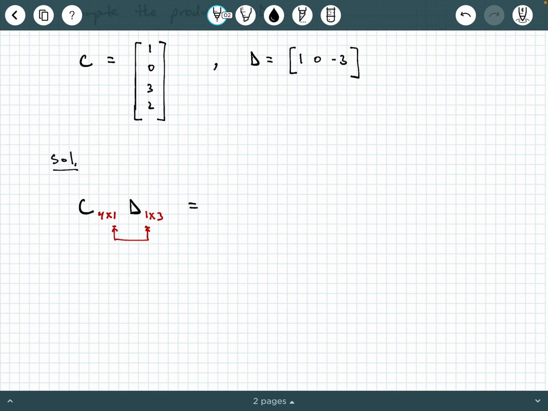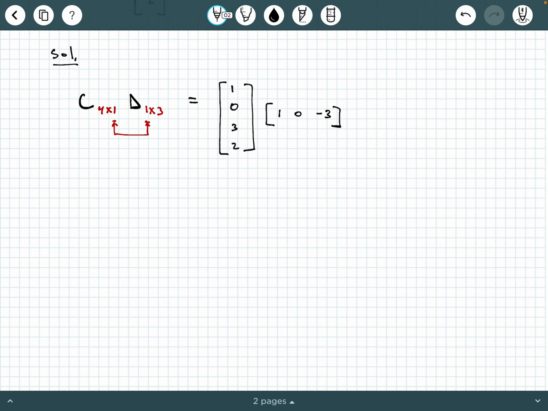So we're going to say equals, and we're going to put these up against each other, with the left matrix being C, 1, 0, 3, 2, close that off. And then the right matrix is D, 1, 0, negative 3. Okay, and so what is the size of the product?